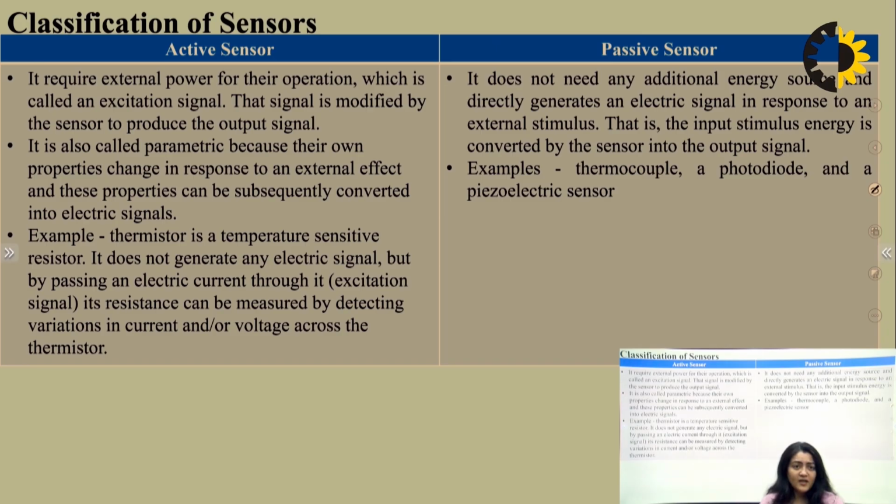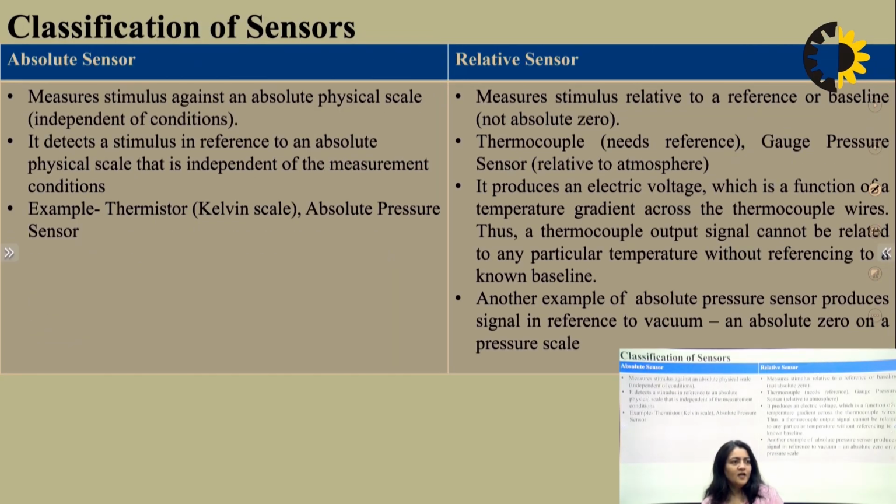Similarly, a photodiode works on the principle of photoconductivity, where photons enter the device, and it has a photoelectric material. So the photon energy is converted into electric current. So they are the photodiodes. These are some examples of passive sensors.